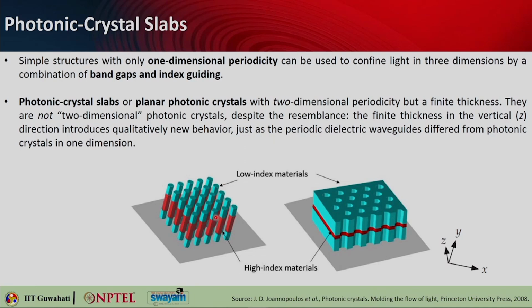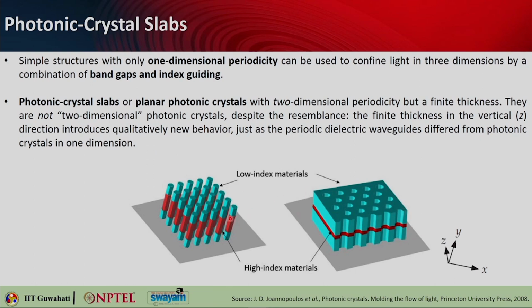Here also you will find that because of this finite height or thickness, these are photonic crystal slabs. So, this is basically a slab of dielectric material. So, you have low index material, then high index material, and then low index material. Here also you have something like that, but it is an inverse of this structure. So, these 2 structures are basically complementary.